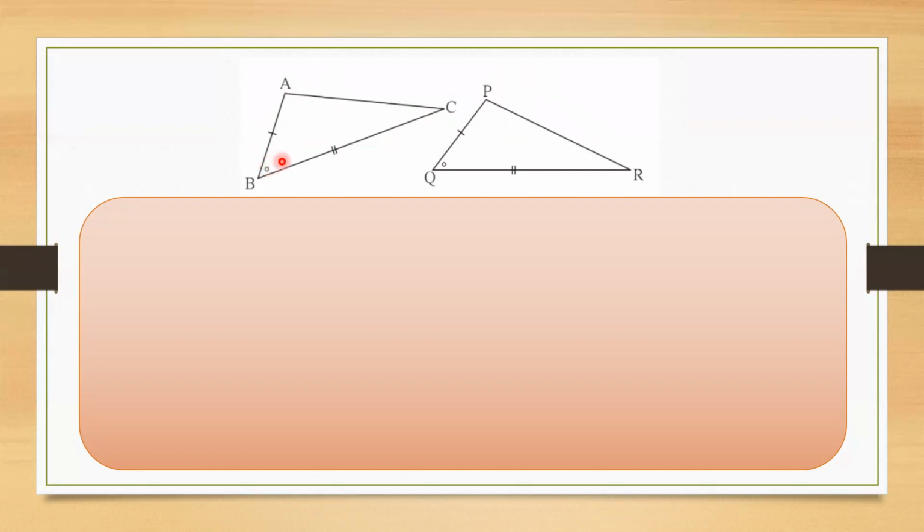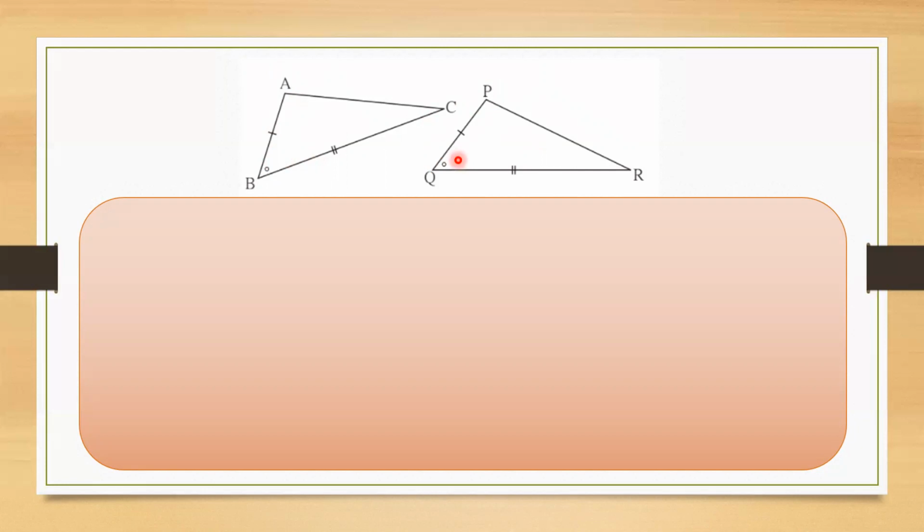Then side BC and side QR are also congruent because both are represented by two standing lines. And there is one angle which is congruent: angle ABC is congruent to angle PQR. Why? Both angles are represented by the same symbol, a small circle.